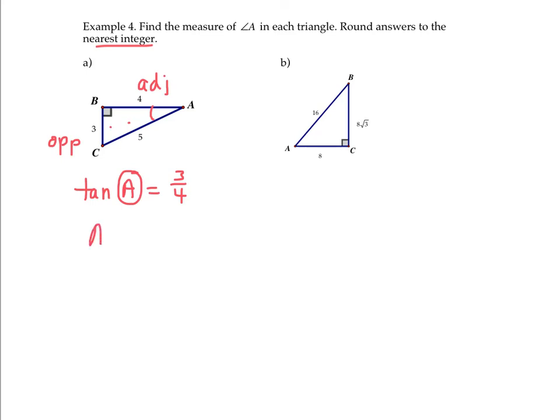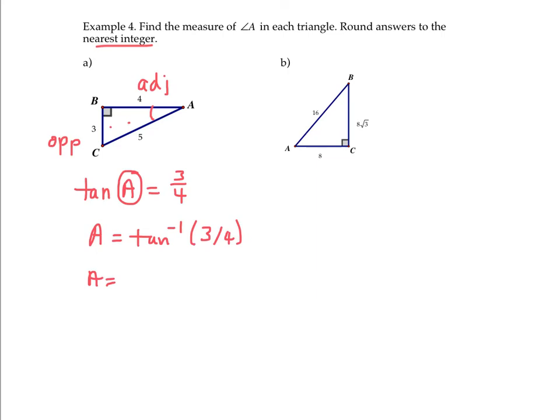First write A for angle A equals tangent to the -1. We call that the inverse tangent of 3 divided by 4. So you're actually going to go to your calculator, but to get the tangent to the -1, you have to press the second key and then the tangent key.